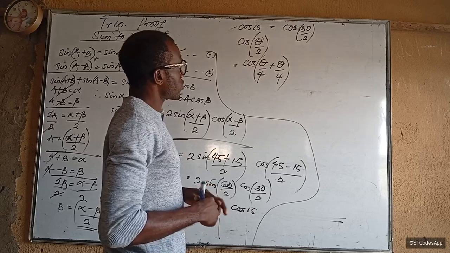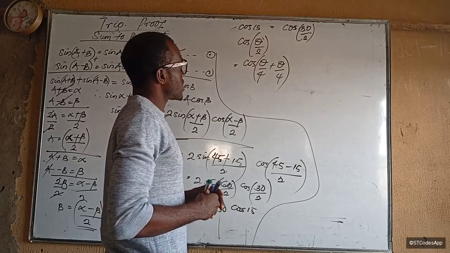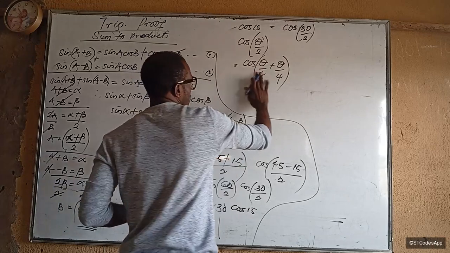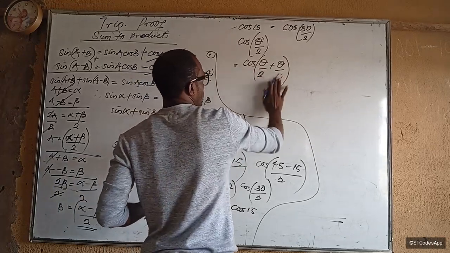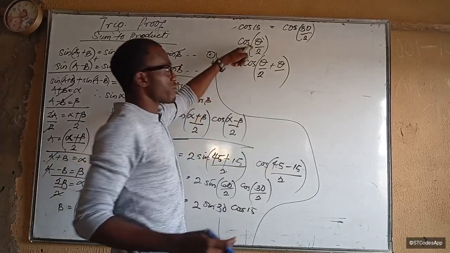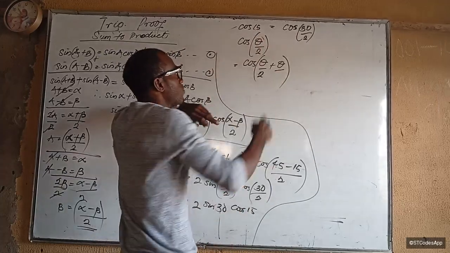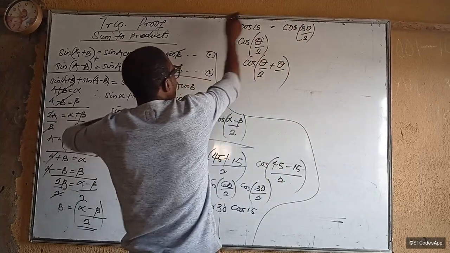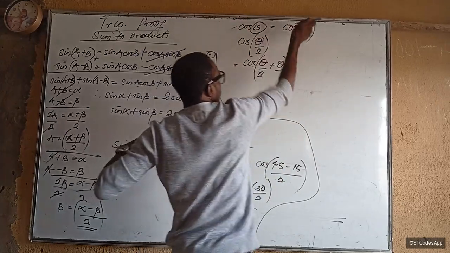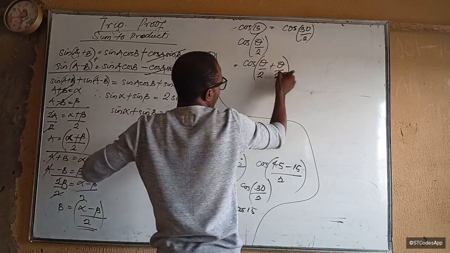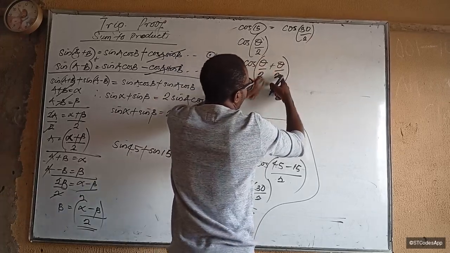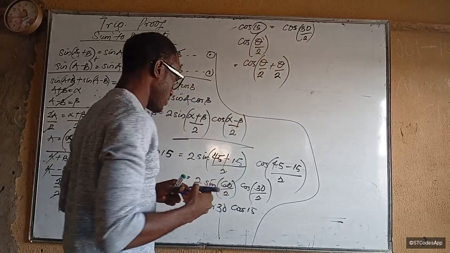So if we need an identity for theta over 2, I'm trying to show you we wanted to find for half. But now we want to find for 15, so we'll take 30 over 2. So let's generate an identity for theta over 2 plus theta over 2. That's what gives us 30, right?